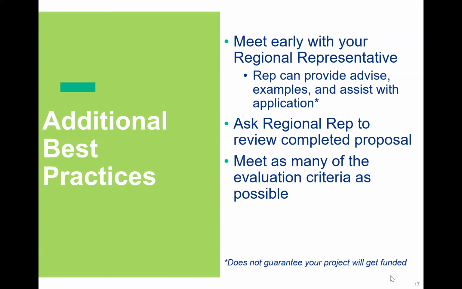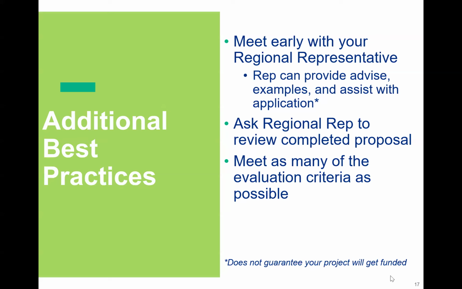And as you can see with that little asterisk, all the interaction you have with your regional representative does not guarantee your project will get funded, but it will provide you a little more certainty that you're submitting an application that we're going to be able to deem complete and evaluate. And regional representatives can actually review your completed proposal.